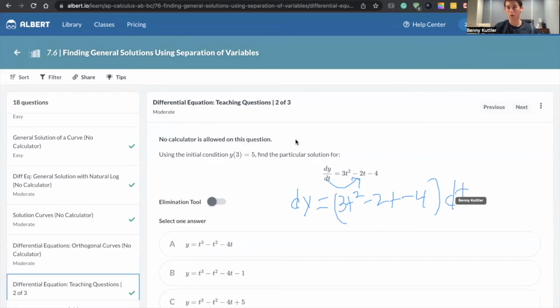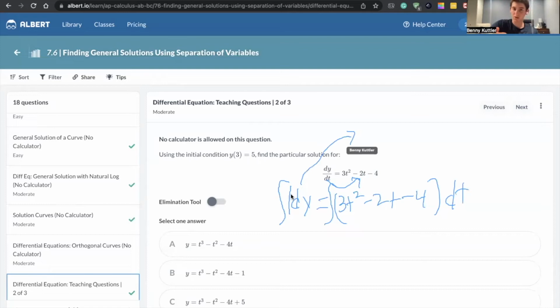Now this is starting to look more like an integral. So what we can do here is, like we would in any equation, do the same operation to both sides. And here we do an integral. So we integrate both sides. The integral of dy, you can think of that as 1 dy.